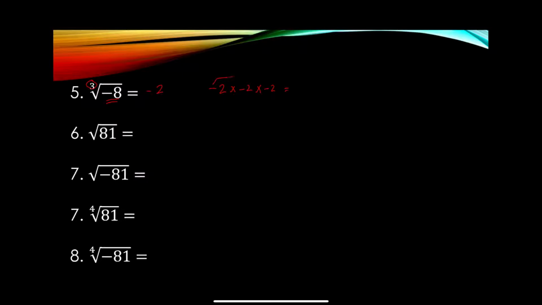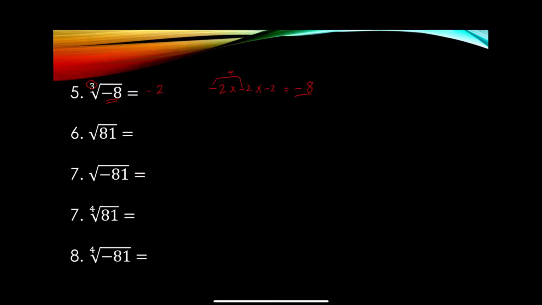We know that negative times negative is positive, and positive times negative will give us negative. 2 times 2 is 4 times 2 is 8. So multiplying negative 2 by itself 3 times gave us negative 8. So the cube root of negative 8 is equal negative 2.